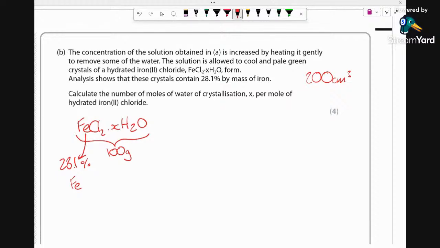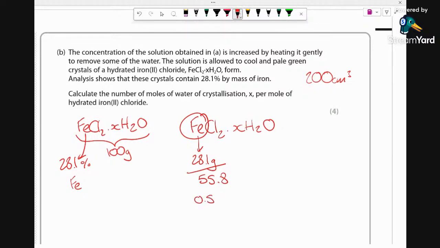What that means is that if you've got 100 grams of this, then you've got 28.1 grams of iron. That's what we can do by making the assumption. Now, at that point, we've got grams. We can get to moles of just iron. Iron weighs 55.8, so the moles are 28.1 divided by 55.8.